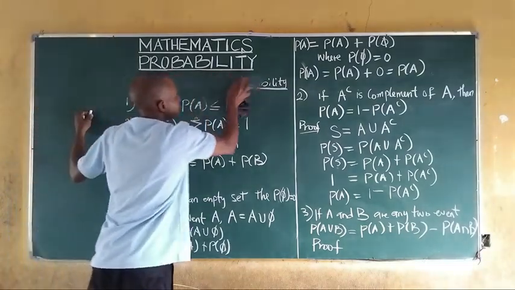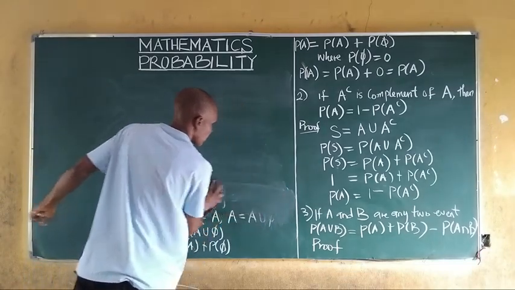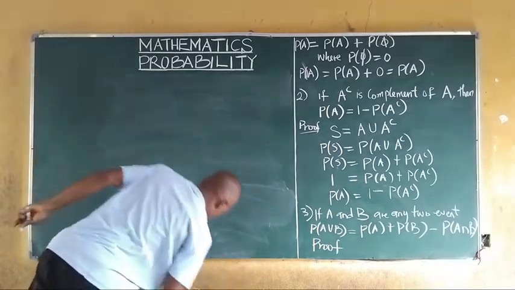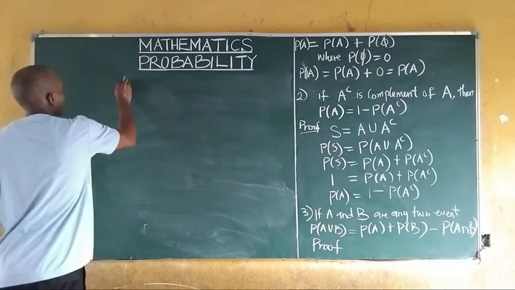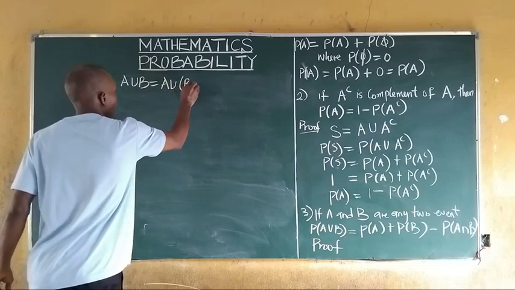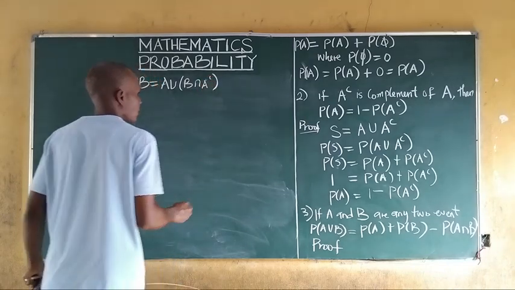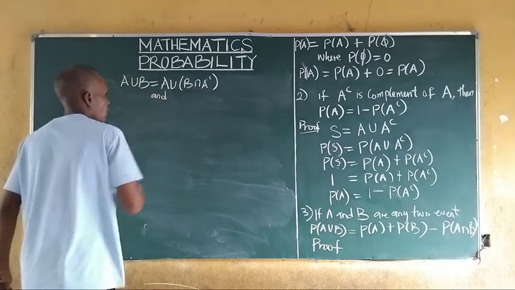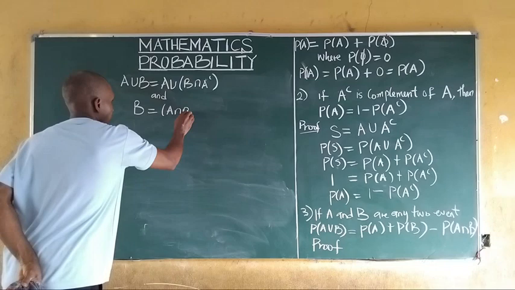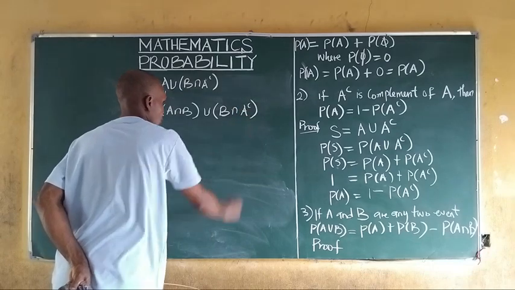We come over to this point. We should know that A union B is equal to A union B intersection A complement, and B is equal to A intersection B union B intersection A complement.